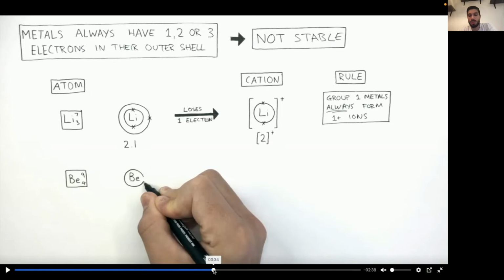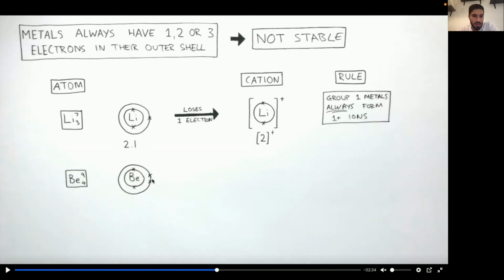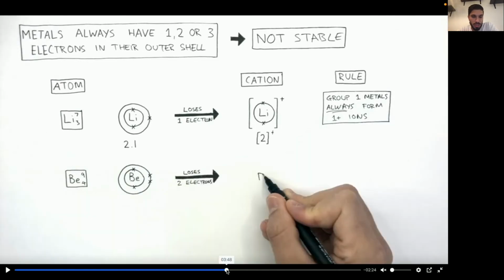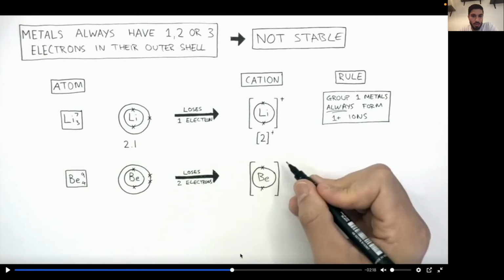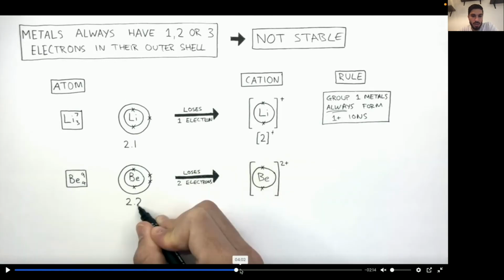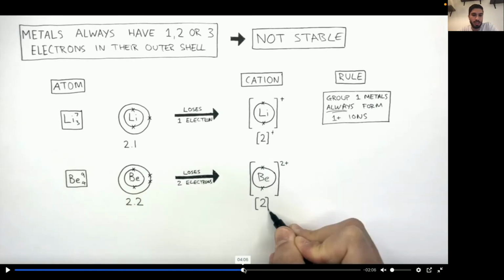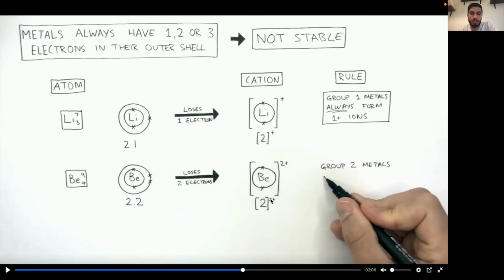Now, this is the bit I want to teach in order for you to understand the question. Beryllium has 2 electrons in its outer shell. Beryllium loses 2 electrons to become stable where the charge is 2+. Writing the electron configurations, it is 2.2, and then here is just 2, and then 2+ to show the charge.